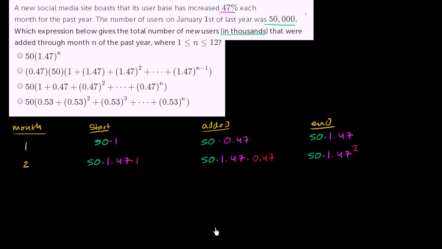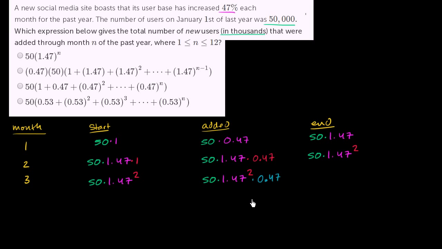And you might start seeing a pattern now. Let's go to month 3. So month 3, what do we start the month with? We start the month with this thing. Let me copy and paste this. What do we add? Well, we're going to take that and multiply it times 47%, 0.47.